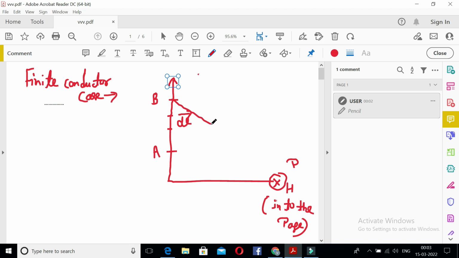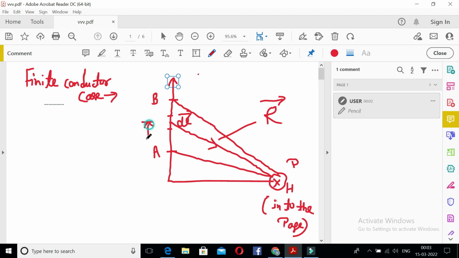Now connect to point P. Suppose this is r vector, this is z. Suppose this is alpha 1, this is alpha 2, and this is alpha angle. Now this is radial distance rho.